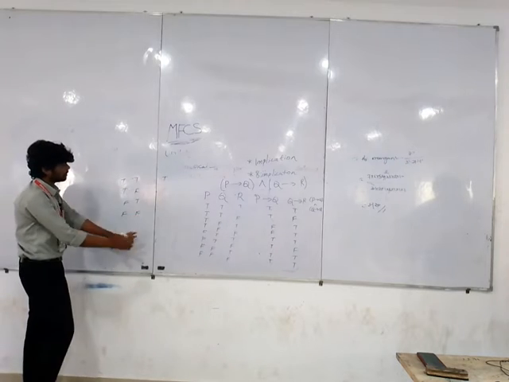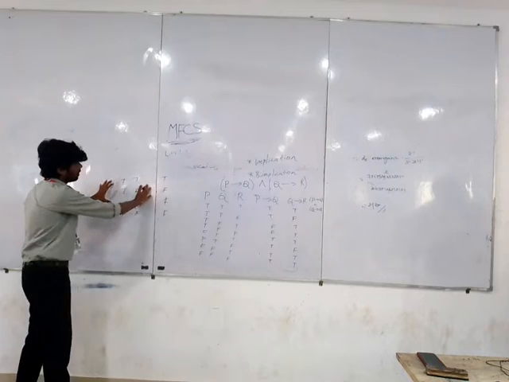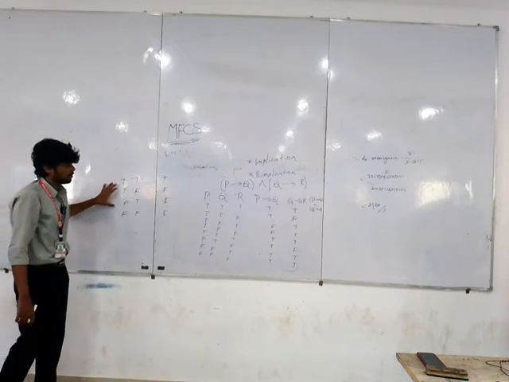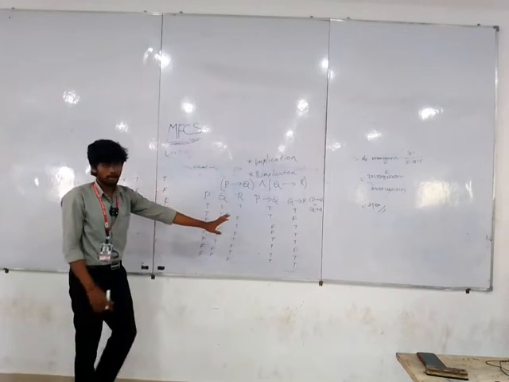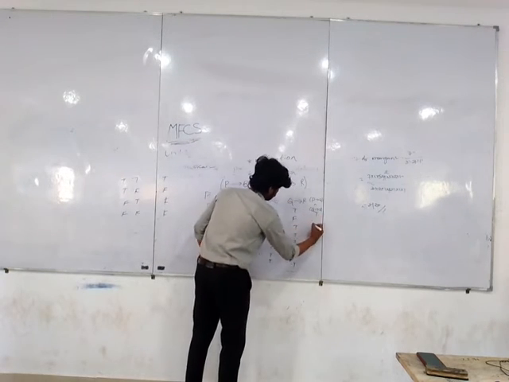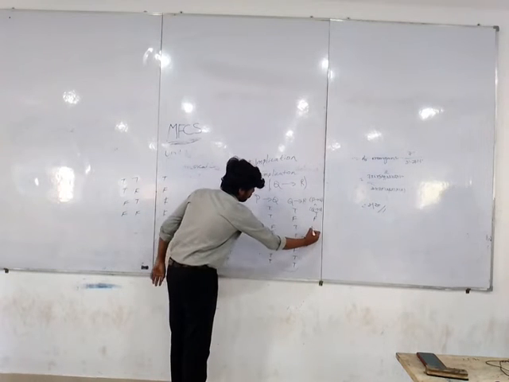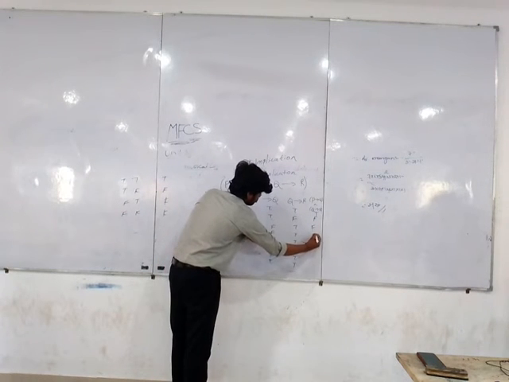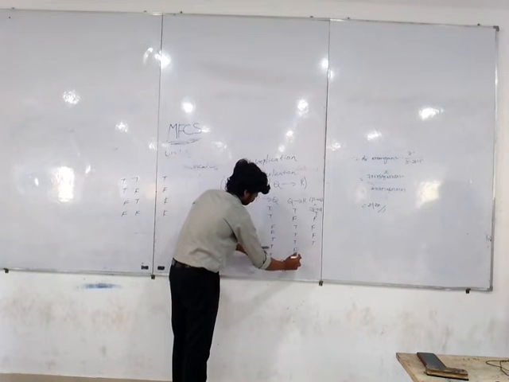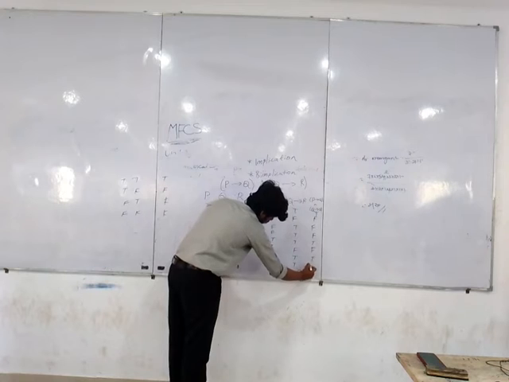In the remaining cases we get false. So by seeing this, I will write the last table. True, true, false, true, false, true, true, false, true, and true.